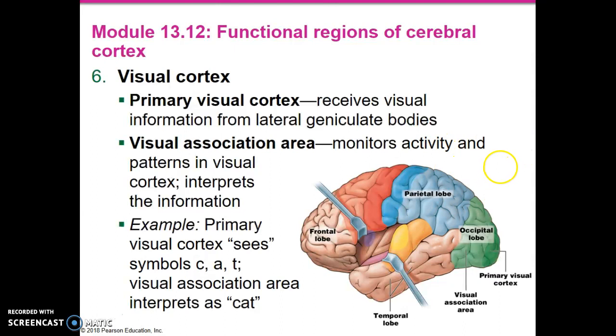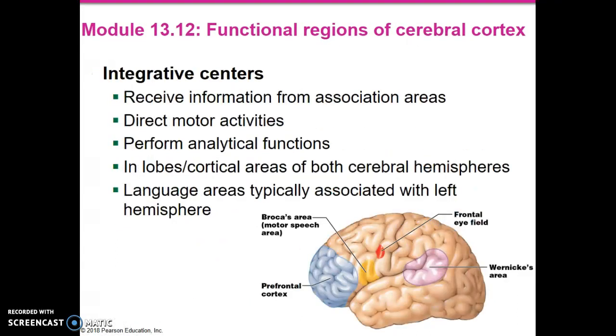So we know that early damage to the occipital lobe could cause people to go blind. So they knew early on the occipital lobe was important in vision. The primary visual cortex receives the visual information, and then the association area in the lighter shade of green interprets the sensory information.